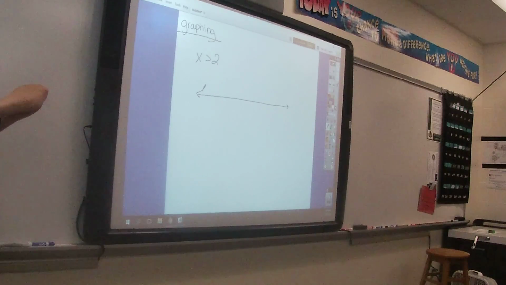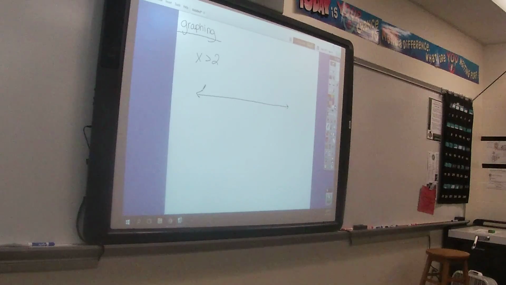Now, my students have been told by some of their teachers that they should always put 0 in the middle of their number line. Putting 0 in the middle of your number line when you want to graph 147 is silly. So you do not need to have 0 in the middle.